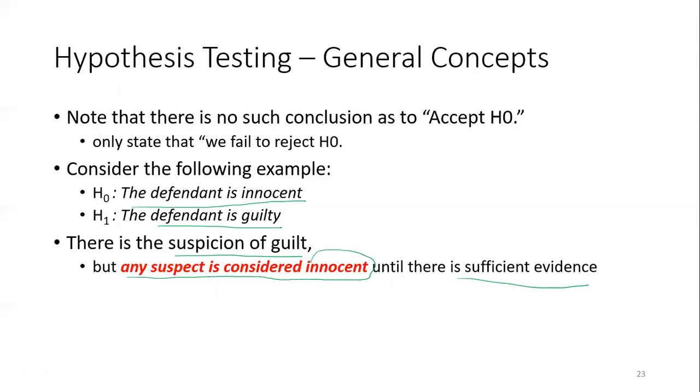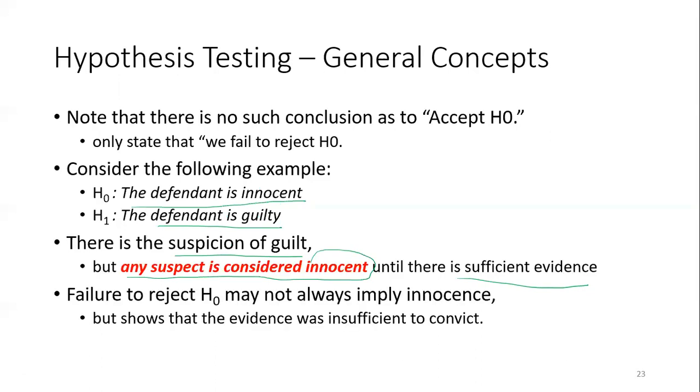If the evidence is not sufficient enough, then you cannot say that, well, the guy is guilty. You assume that I cannot reject the hypothesis that the defendant is innocent, so the guy is just set free, okay? Failure to reject H0 may not always imply innocence, but shows that the evidence that you have is insufficient to convict the guy. Okay, this is all.